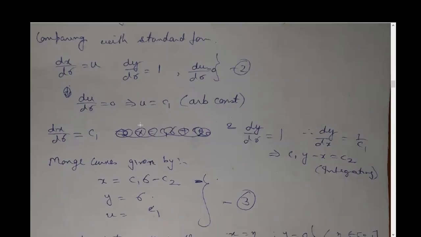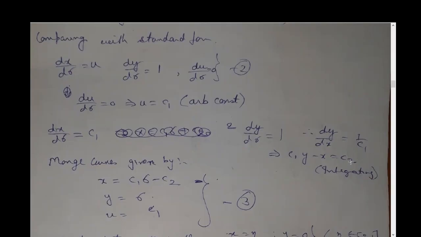Okay. So from here we simply get an arbitrary constant C1. From du/dσ = 0, we get u = C1, and I can easily put it here, so dx/dσ = C1 and dy/dσ = 1. Again, if you integrate, you can find a two parameter family of curves, not a single parameter.